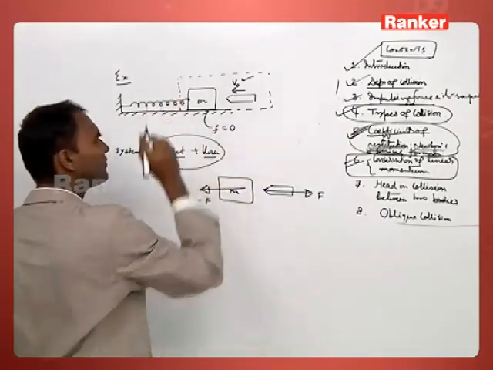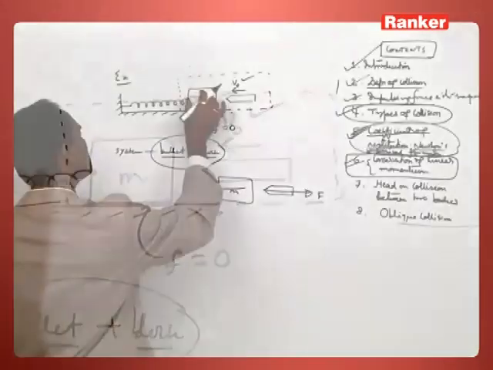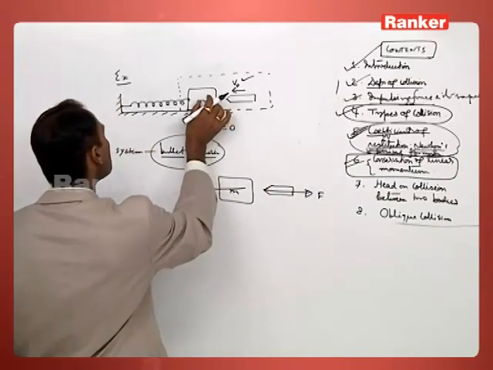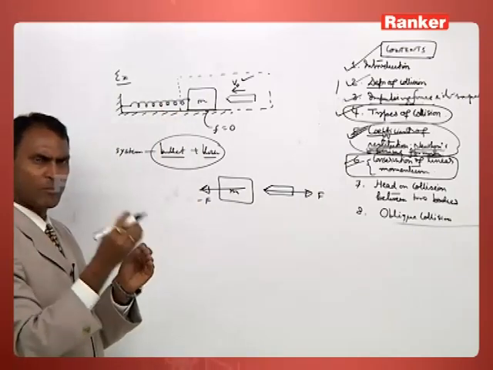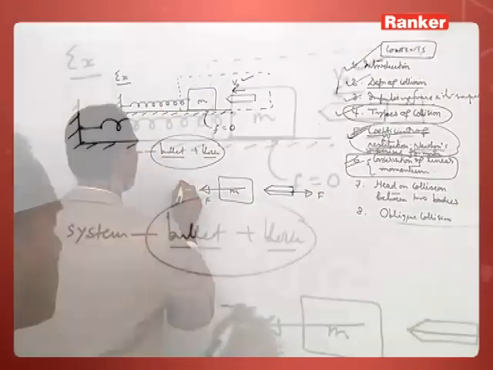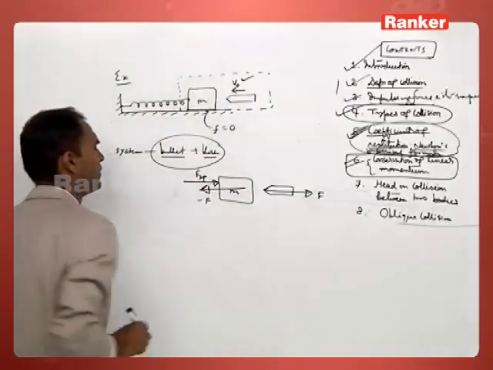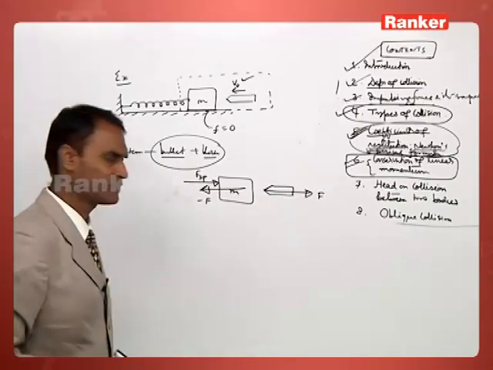During the time of the collision, when the bullet gets into the block and travels some distance inside the block, the spring also will get compressed a little bit. The compressed spring will start pushing it.